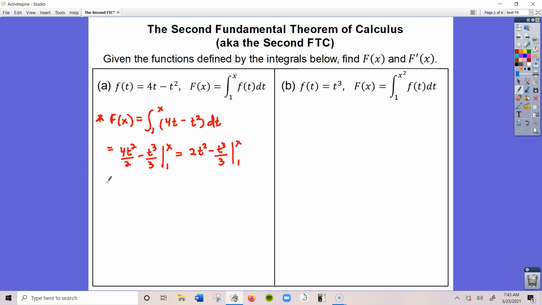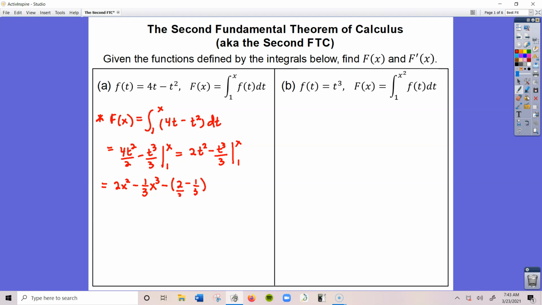So now we plug in the x to apply the fundamental theorem, and we get 2x² - (1/3)x³ minus, now when we plug in the 1, 2 times 1 squared is 2, minus 1/3. Now in order to subtract these two numbers, we've got to find a common denominator.